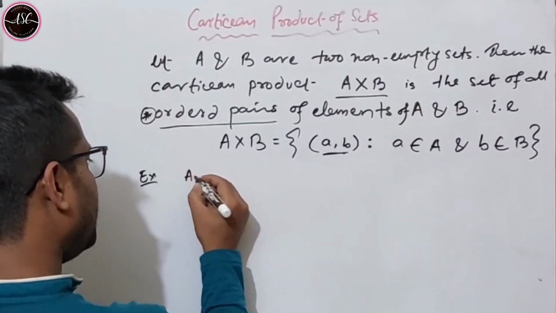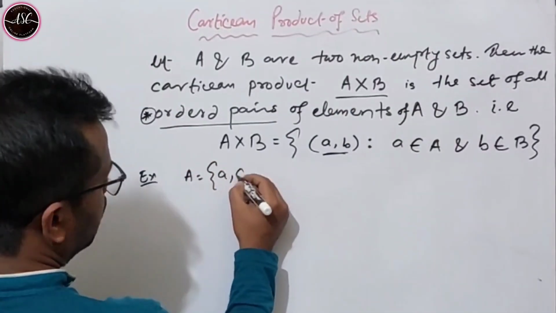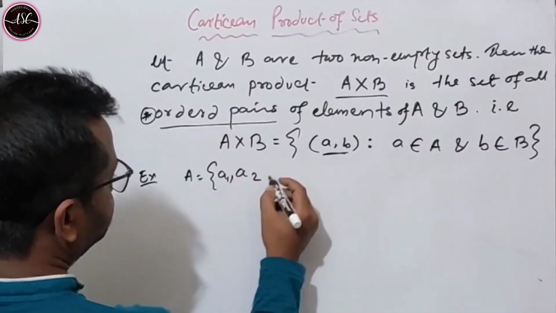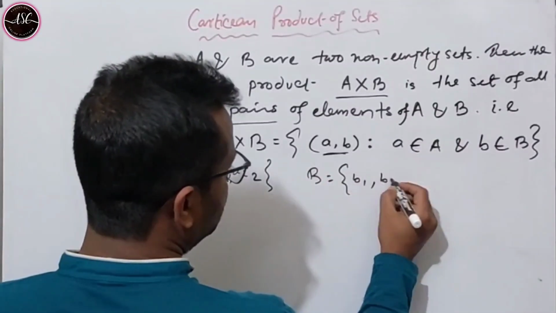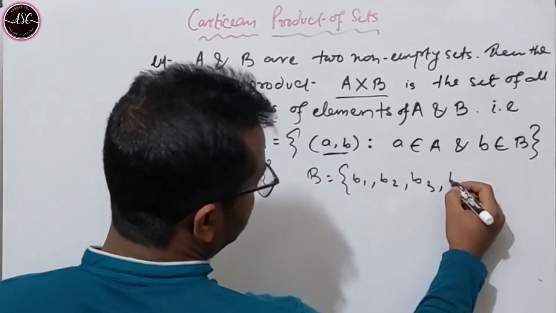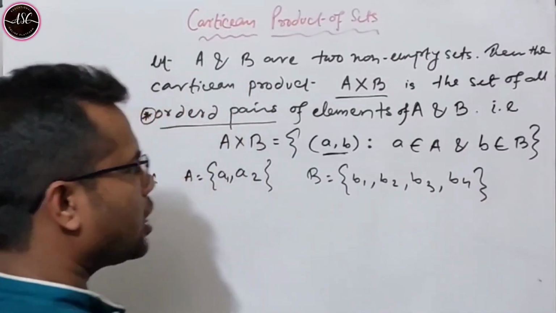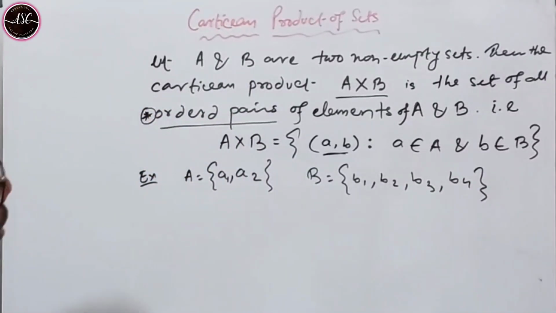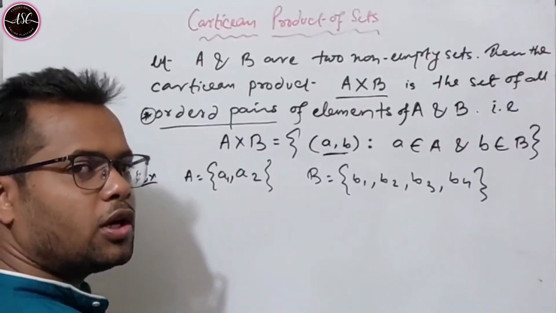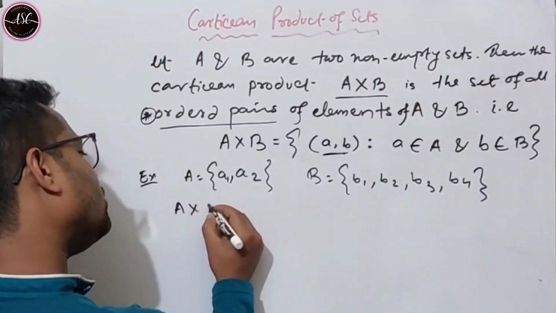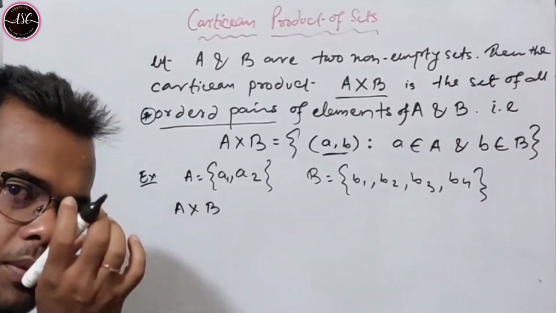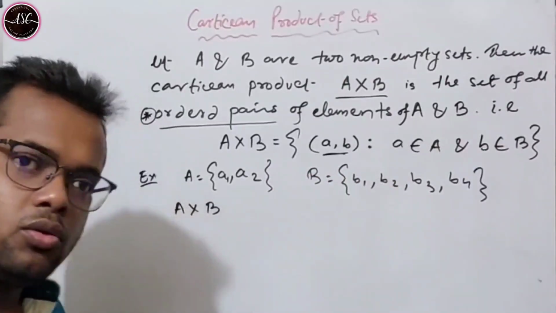Let A equal to {a1, a2}, and B equal to {b1, b2, b3, b4}. Then we will find the Cartesian product of A and B. Then A cross B is the Cartesian product of these two sets.